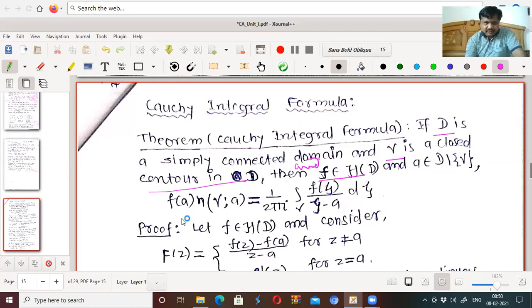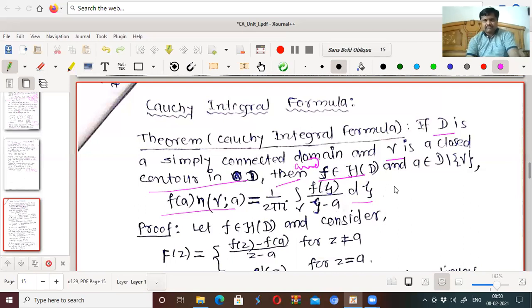Then f of A into n of gamma at A is equal to 1 upon 2 pi i times the integral over gamma of f of psi upon psi minus A with respect to psi. So the winding number of gamma about A times f of A equals 1 by 2 pi i times the integral of f of psi upon psi minus A about gamma with respect to psi.